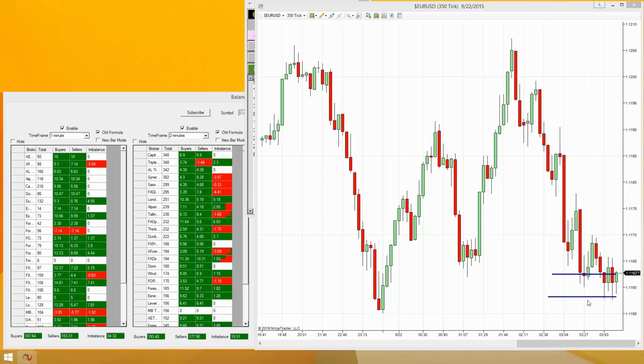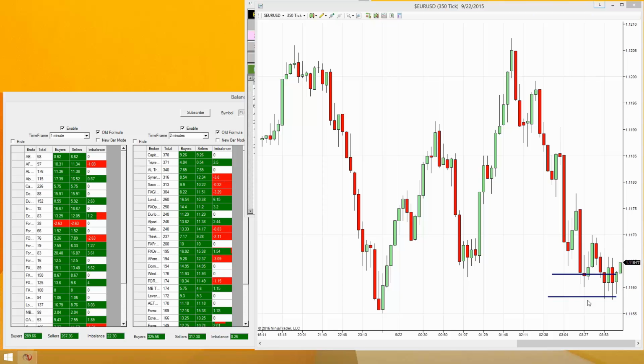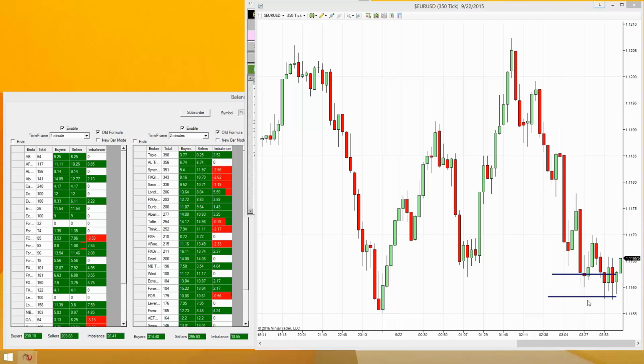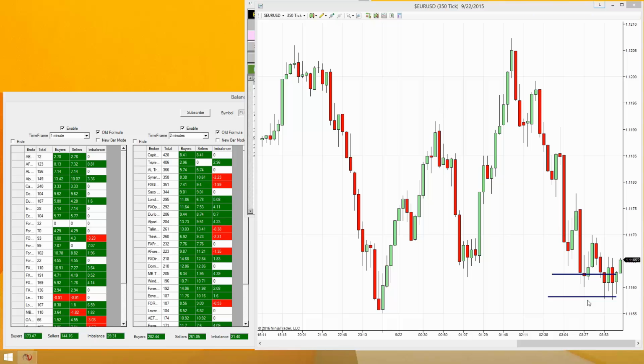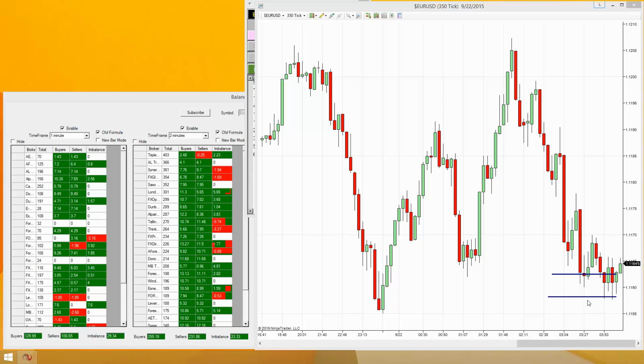This may shoot up pretty fast. There we go. We are already behind 3 pips. Yep, we missed the trade. So never mind. I was talking too much, so we missed a very good trade.